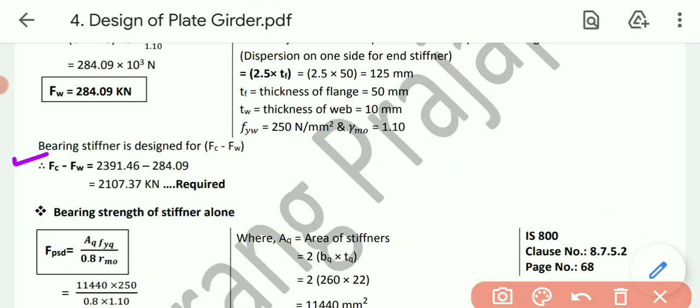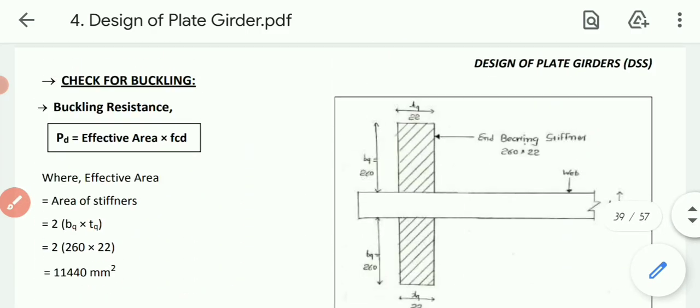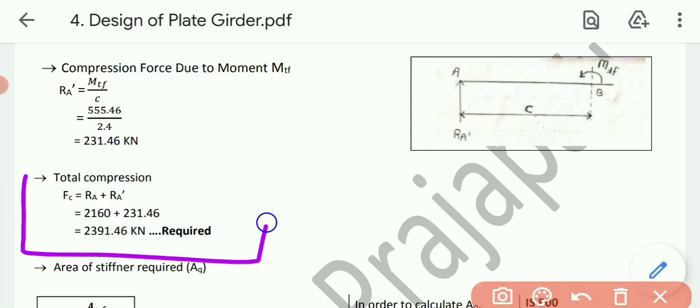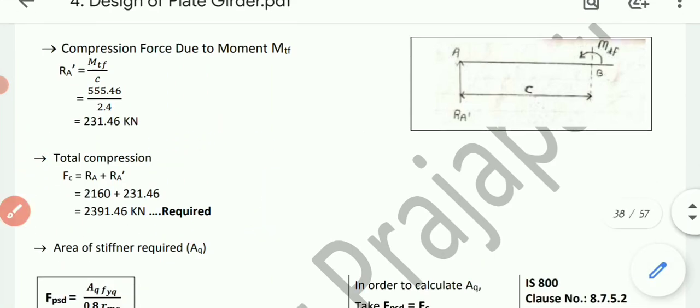See, bearing stiffener is designed for FC minus FW. So FC we have already calculated at the starting of the step, over here, 2391.46 kilonewton.